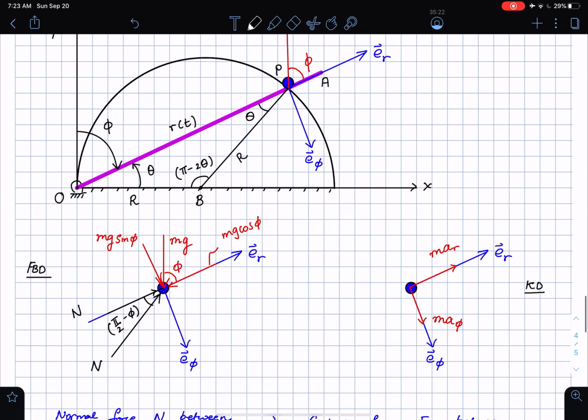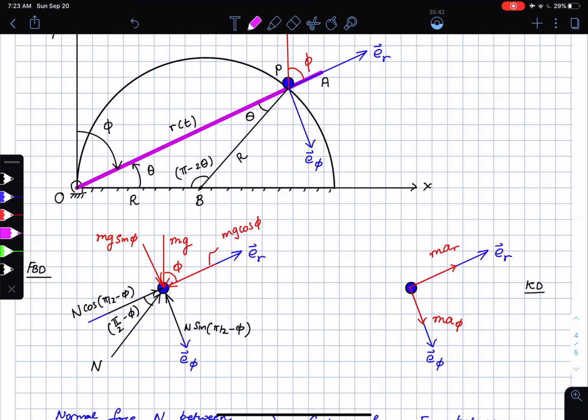This is one force. There is one more force which I'm going to be drawing in a second. And this is going to be N times sine of pi by 2 minus phi. And then my last force is the contact force, which I'm going to be drawing right down here. So let me draw the contact force as well.